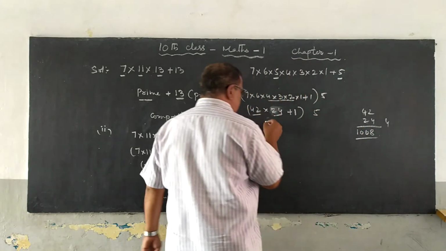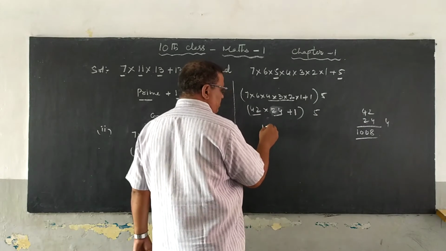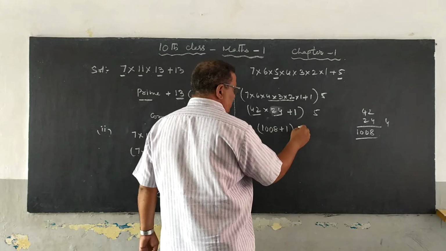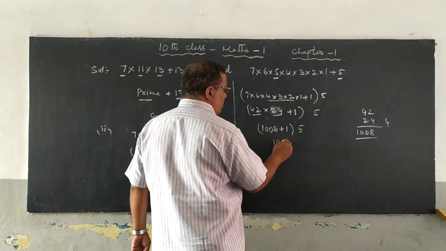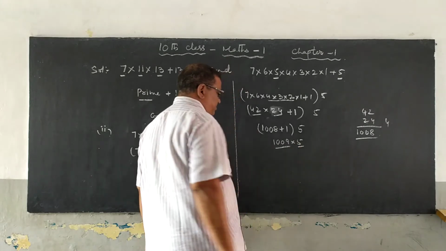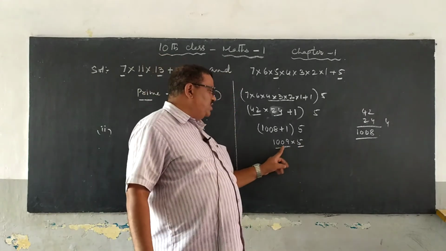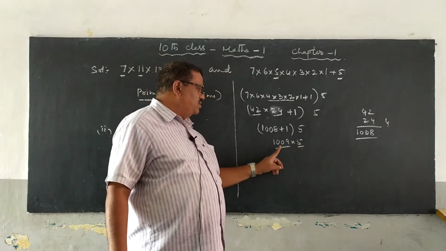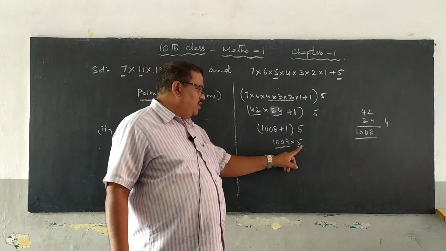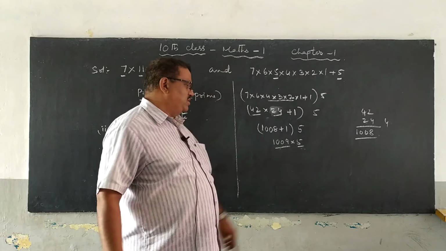So it is 1008 plus 1, into 5, that is 1009 into 5. Whether 1009 is prime or not, prime into composite is composite, and prime into prime is also composite.